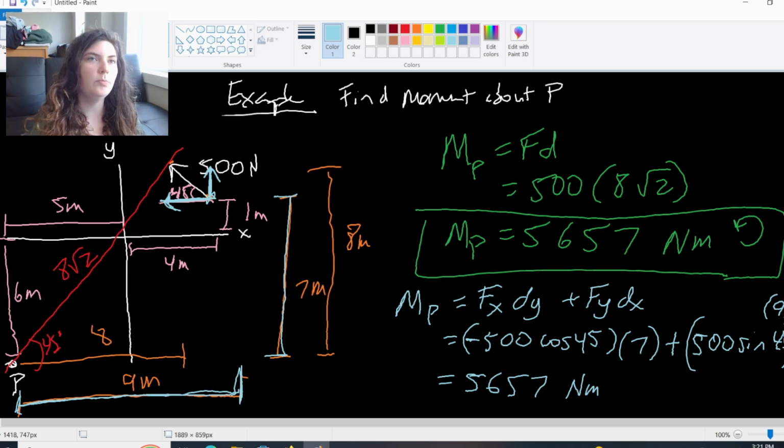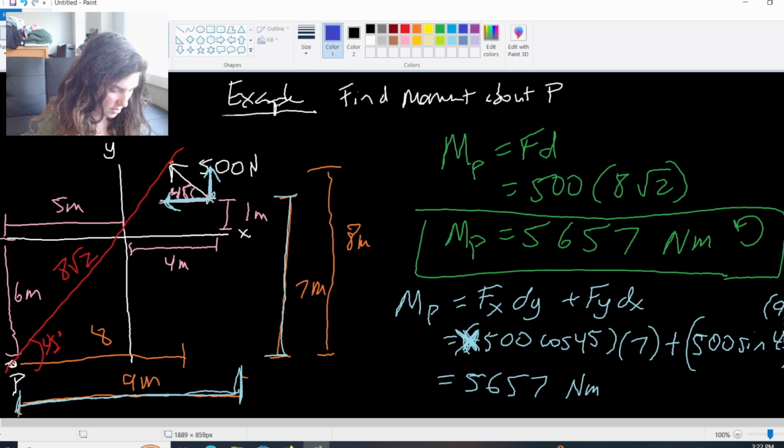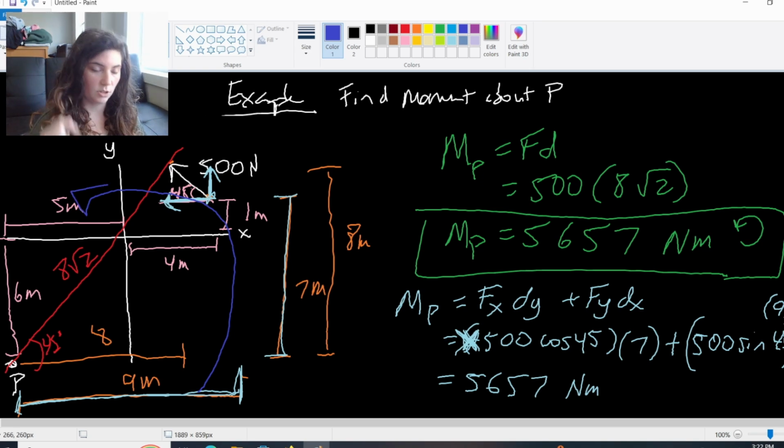Now, an important point that I actually messed up here, and I'm seeing where I messed up, is that for each of these, the sign is not determined by the x direction or the y direction. The sign here is determined by whether it's a clockwise or counterclockwise moment. So we can see that this force is causing a counterclockwise movement, as well as the y component.